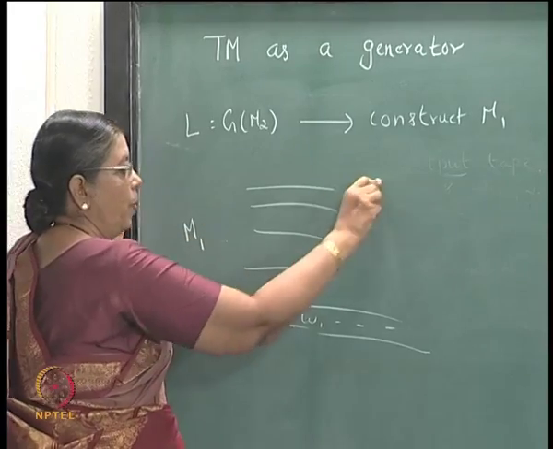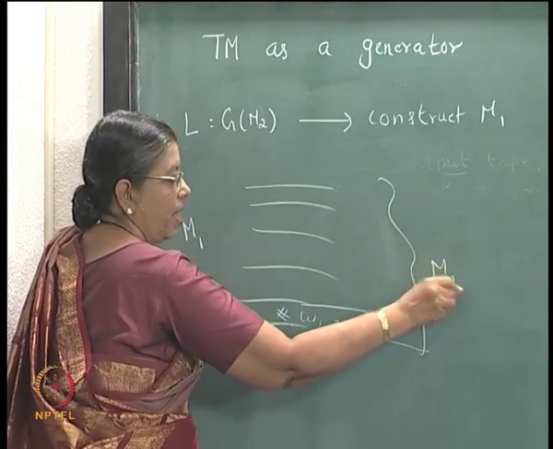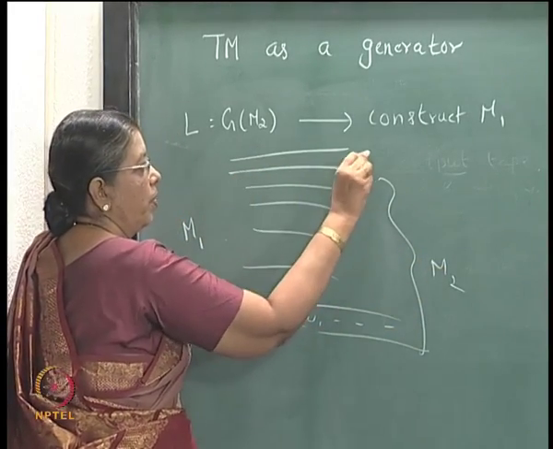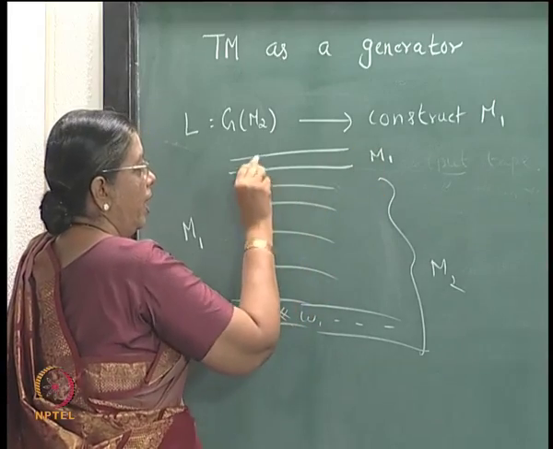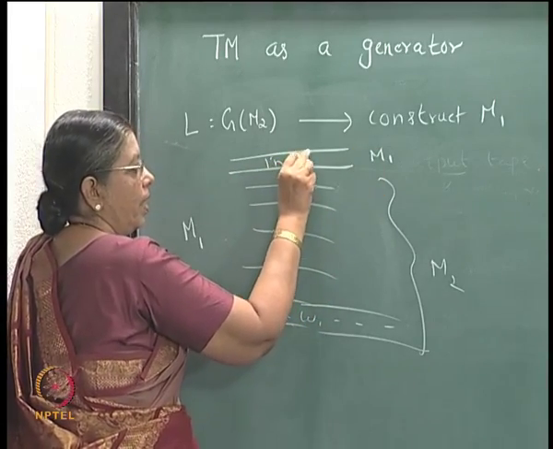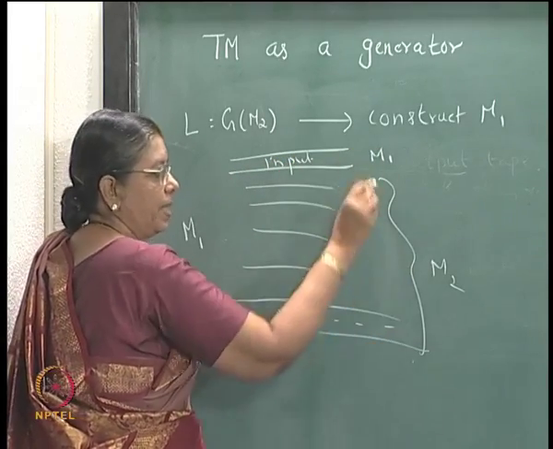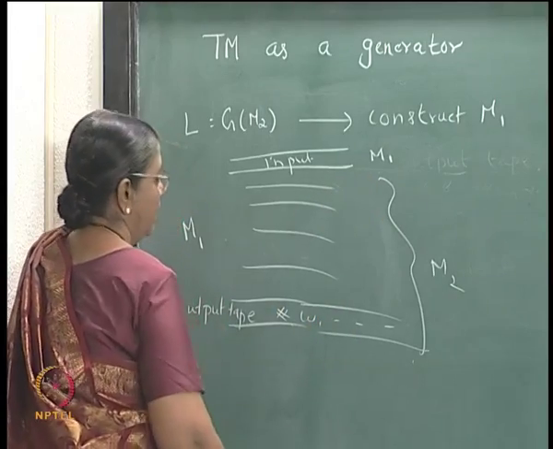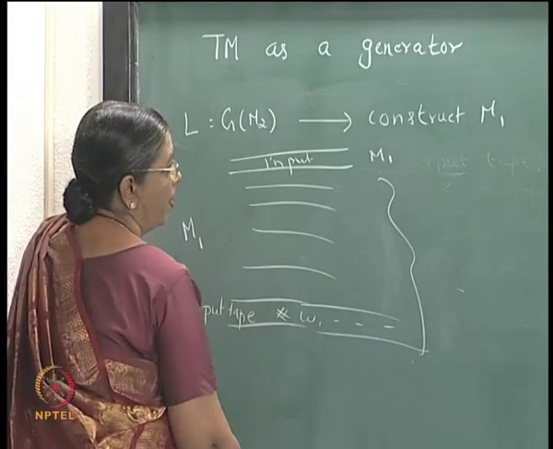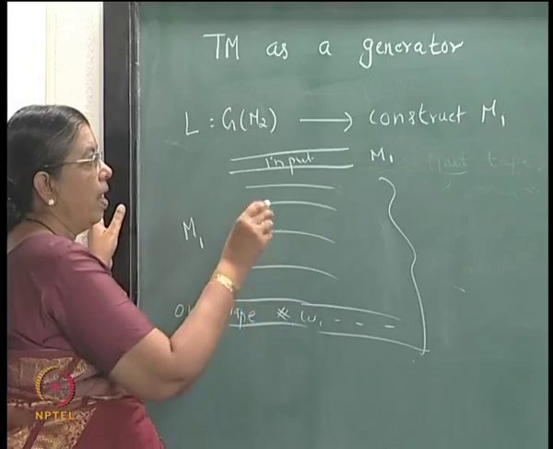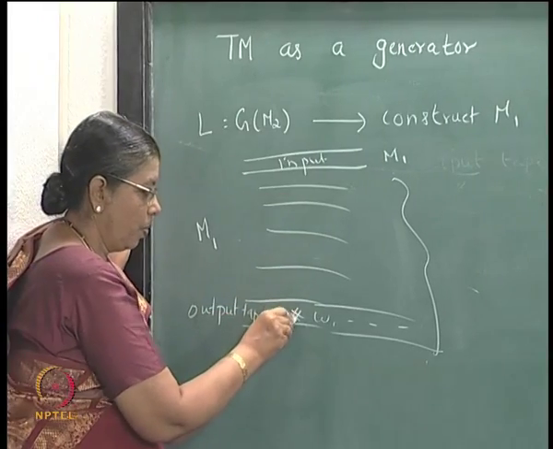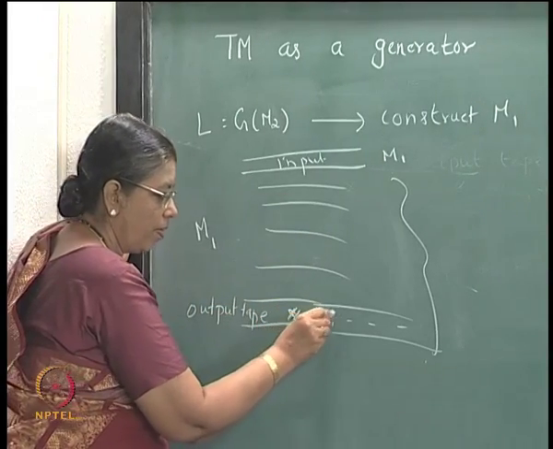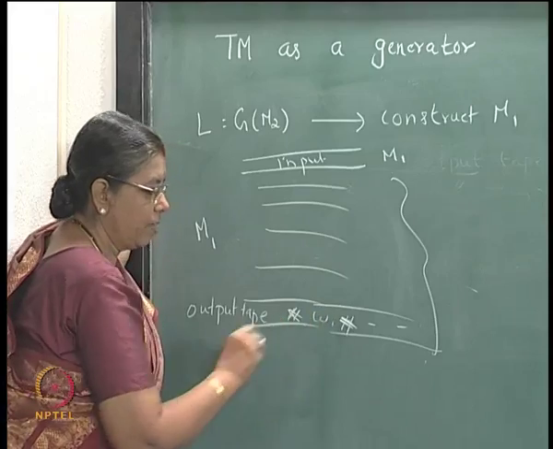M2 has all this, M1 will have one more input tape, where the input is kept. M1 has all this plus the input tape. M1 simulates M2 and it generates one string.